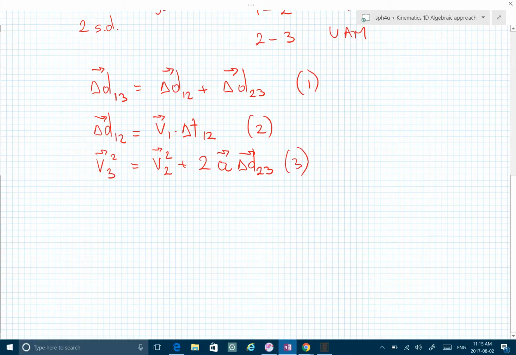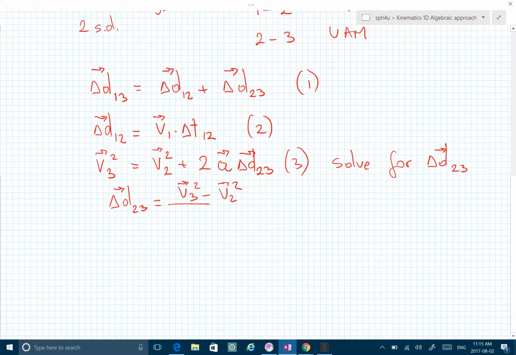Now we have to solve for delta d from 2 to 3. So delta d from 2 to 3 is v final squared minus v initial squared, divided by 2 times the acceleration. And you notice what I'm doing, I'm numbering the equations.